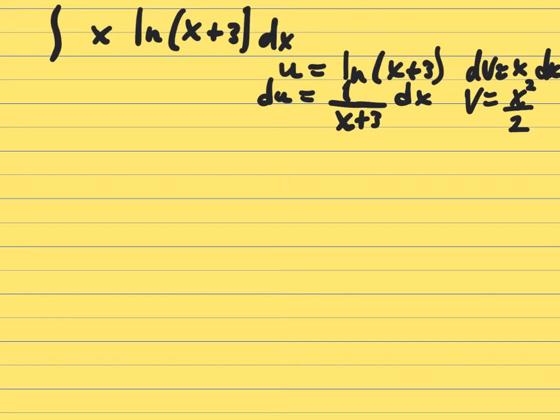Now we're ready to use the integration by parts formula to start the expansion. uv, since it's being multiplied, you can put it in any order, just whatever visually looks best for you. Okay, so that's u times v minus the integral of v du, those two parts.